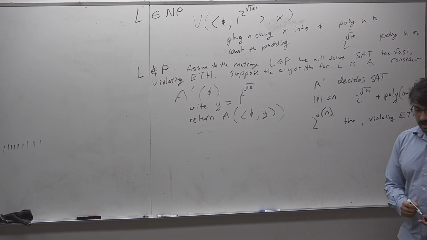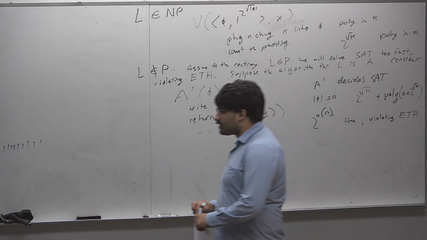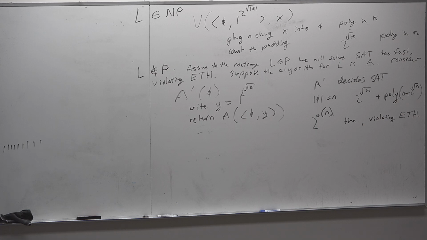High level idea again: if A solves this language, if this language was in P, then you could solve SAT in quasi-polynomial time by simply writing down the padding and asking the P algorithm, right? That would decide SAT faster than exponential time, violating our assumption that SAT requires exponential time, right? Any questions on the time analysis there?